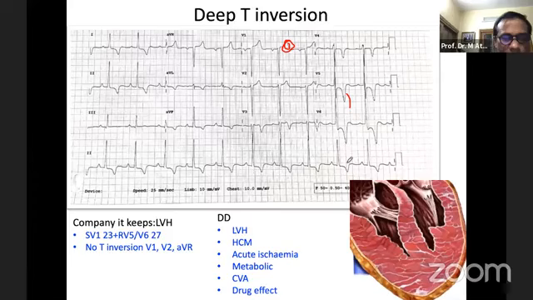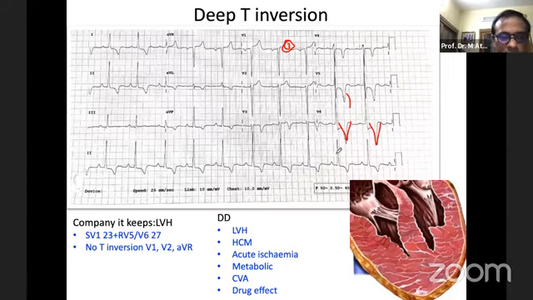Acute ischemia can be excluded because the T waves are symmetrical. If you draw this line, the T wave is symmetrical. So this is the way by which we can differentiate it from acute ischemia.